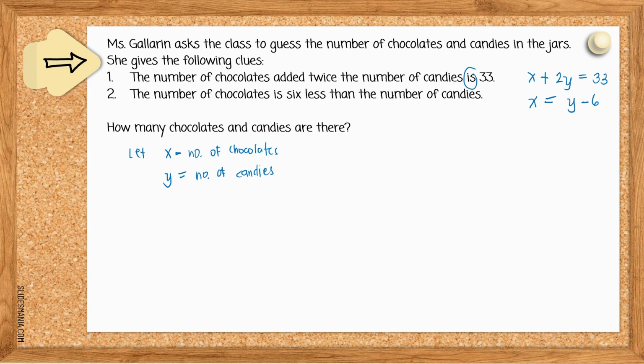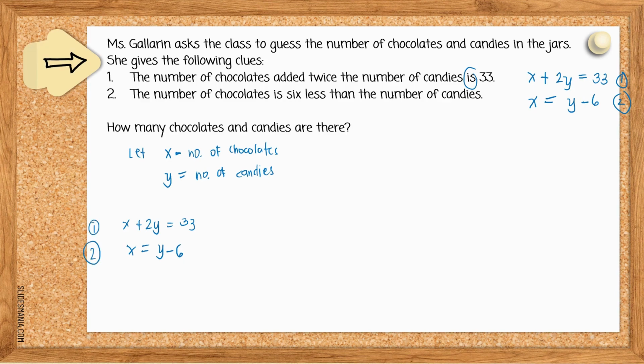Again, we're going to use the substitution method in solving this system of linear equations. As you can see, we have here our first equation and here's our second equation. Let's write it here: x plus 2y is equal to 33, and x is equal to y minus 6. Equations 1 and 2.